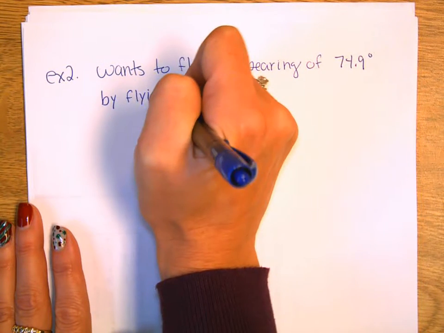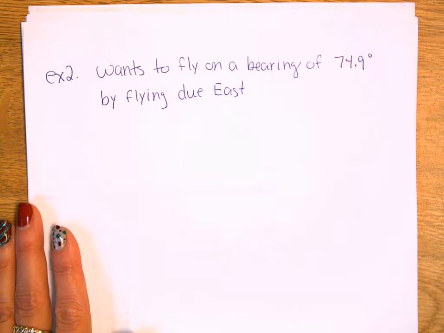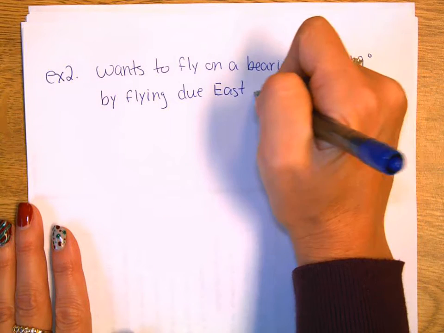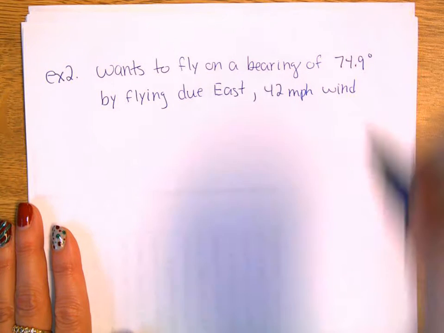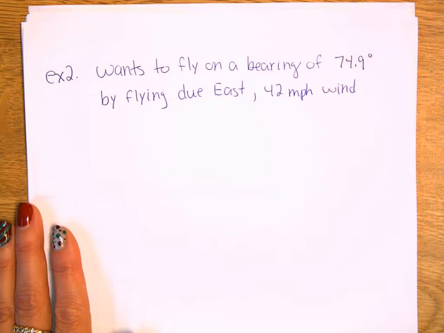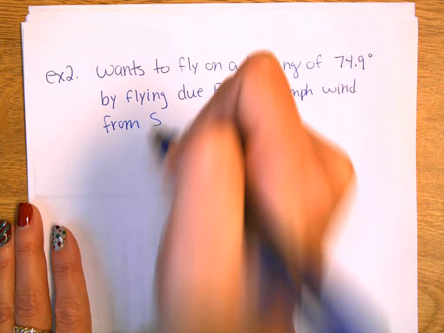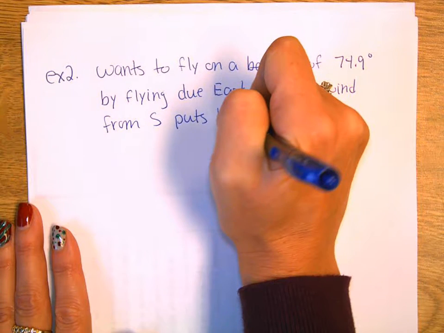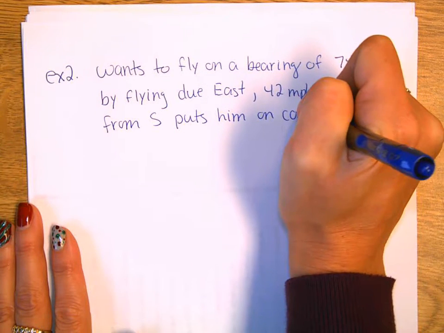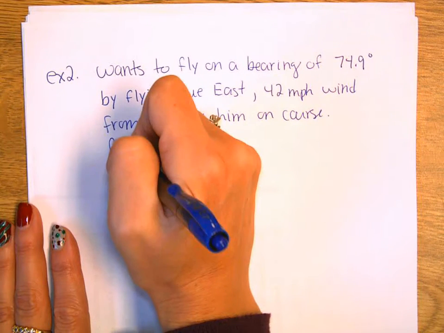By flying due east, a 42 mile per hour wind blowing from the south puts him on course. Find the airspeed and ground speed.